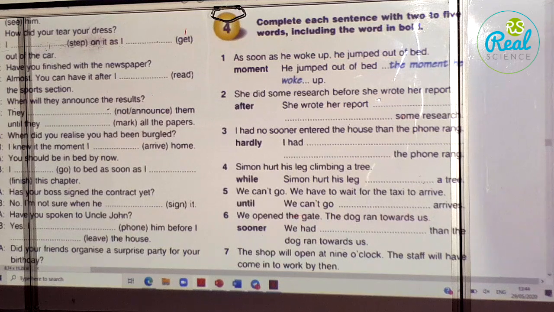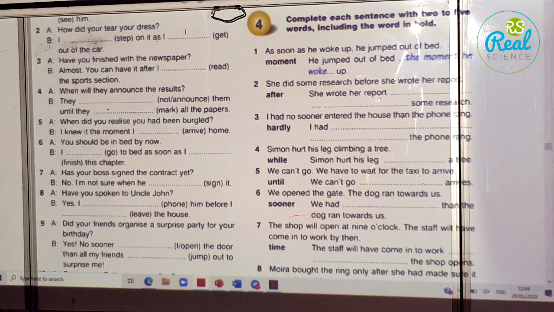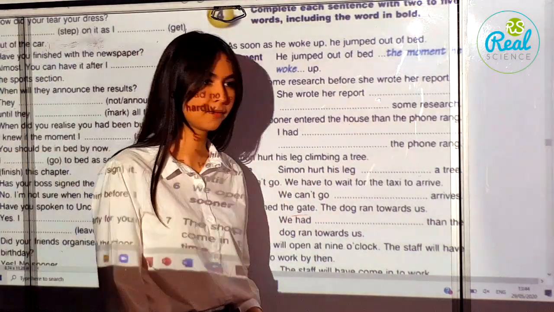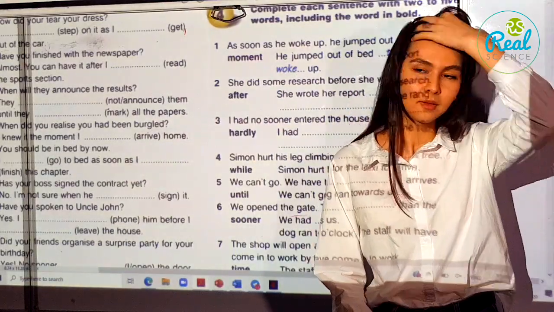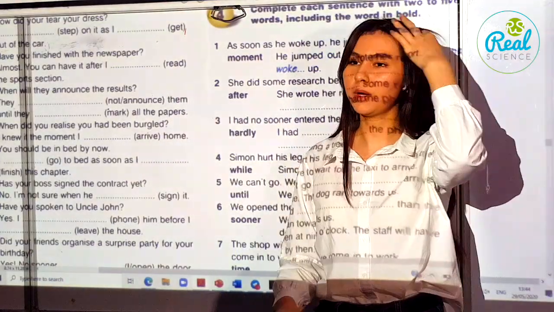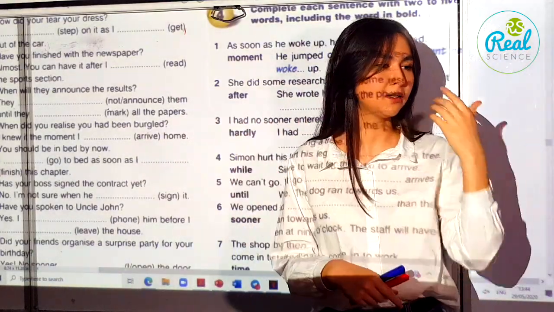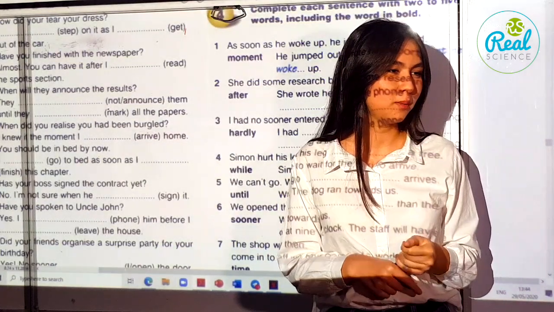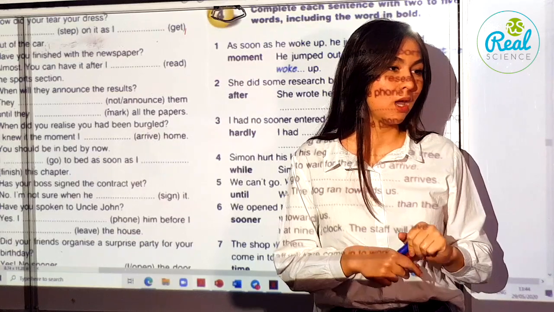Okay, guys, now let's move to the next grammar part. We will work on making sentences. Here we have a question from Madina: are able to and manage to the same in meaning?